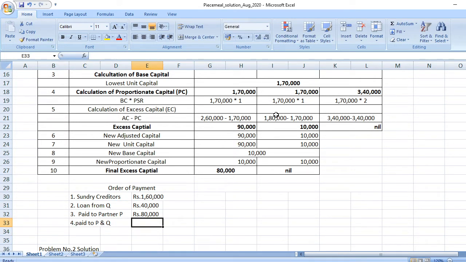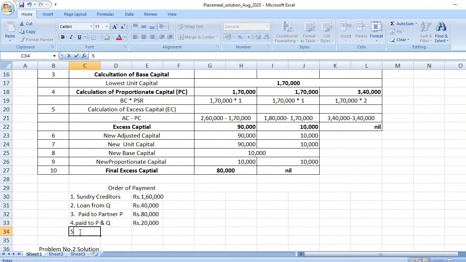From P's 90,000, 80,000 is already paid, so only 10,000 is to be paid to P and 10,000 to Q. The total amount we have to pay is 20,000.